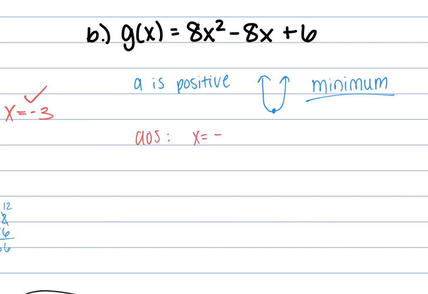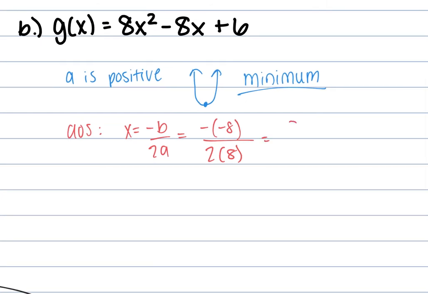So it should be x equals -b/2a. Our b value in this case is -8, so we're going to write equals -8 over 2 times 8. We're going to get a +8 over here and a +16. 8 over 16 simplifies to 1/2. Okay? So x equals 1/2 is my axis of symmetry.